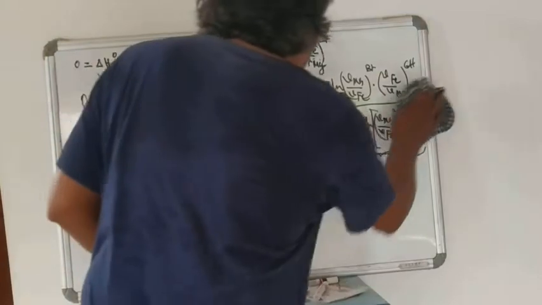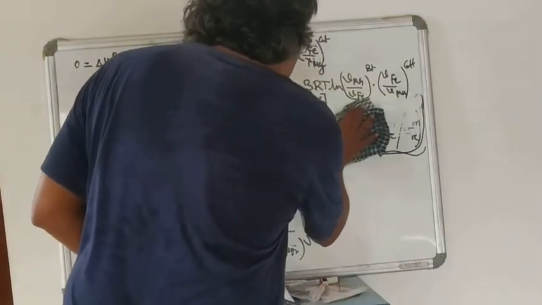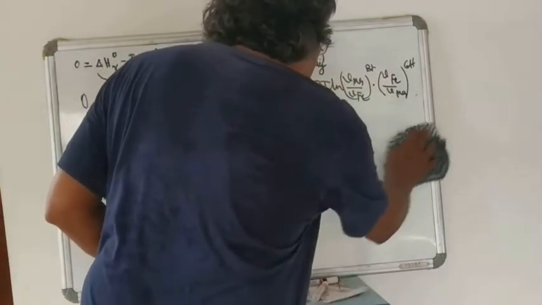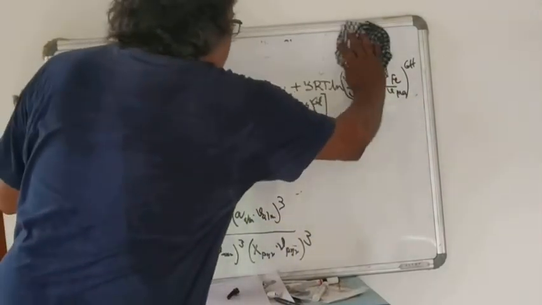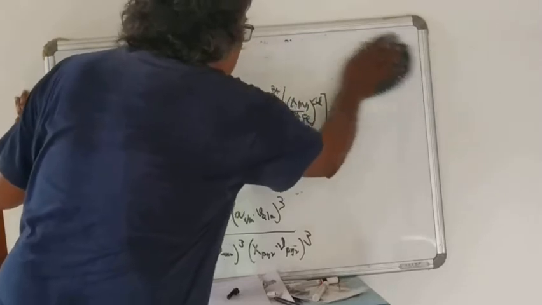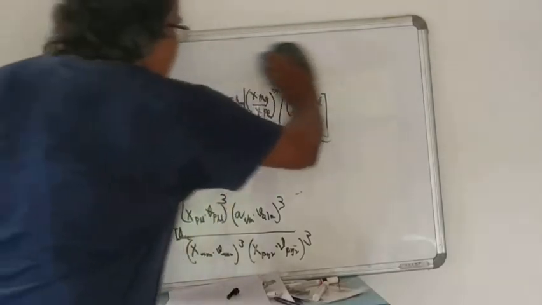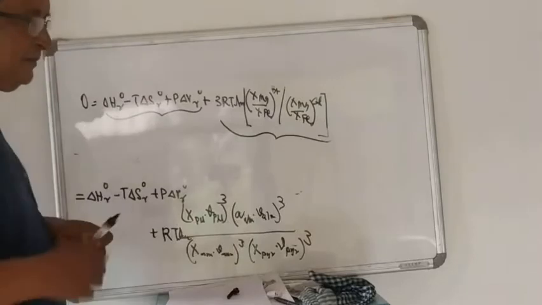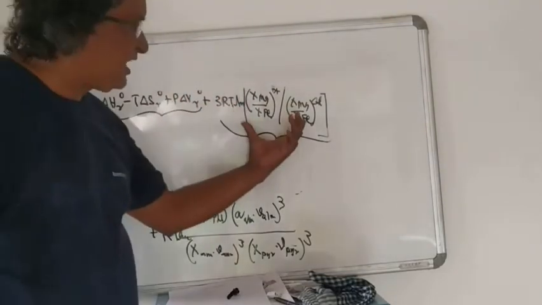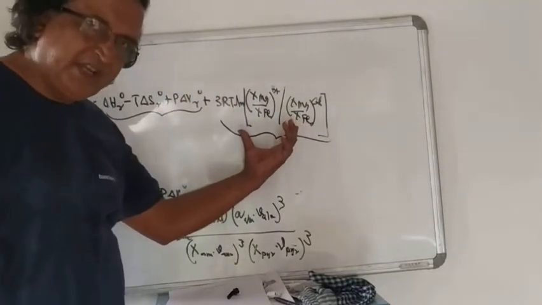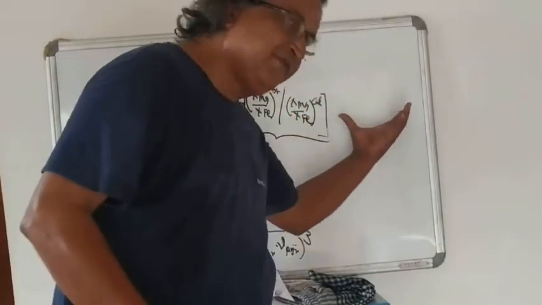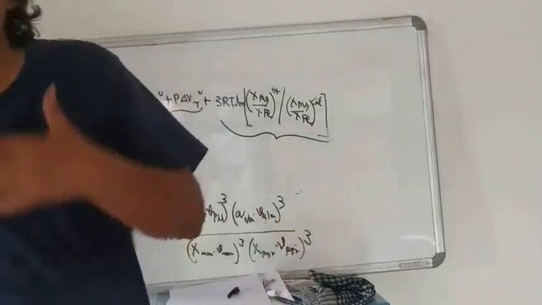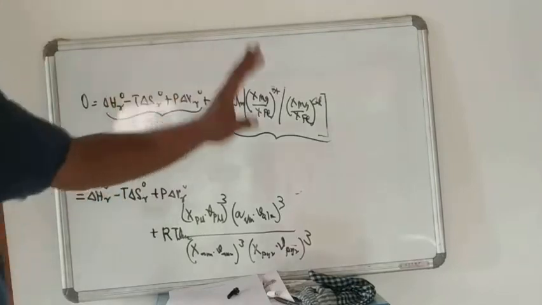So, I will erase this part. Have you understood? So that this part does not appear. It will also help us to see the equation a bit better. Remember, this is the ideal mixing component, energy due to ideal mixing in the reaction, and this one which I have erased is the effect of non-ideality in the exchange reaction thermodynamics, which we have kept in abeyance.